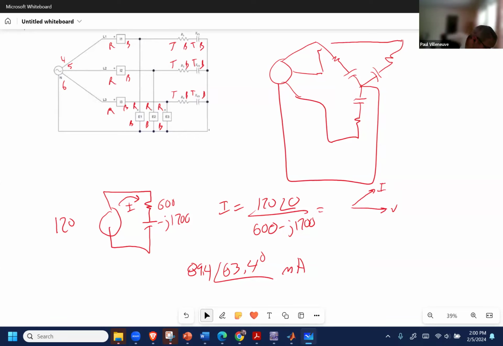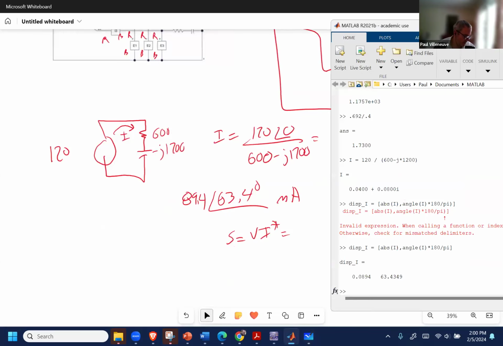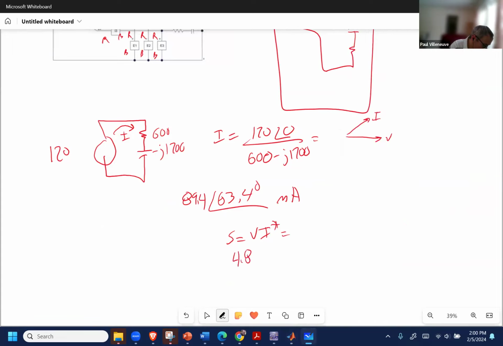So now all I need to do for a single phase circuit is S equals V times the conjugate of I. Now go back to MATLAB to do my calculation. S equals V, 120 at an angle of 0, times the conjugate of I, and I end up with 4.8 minus j9.6.